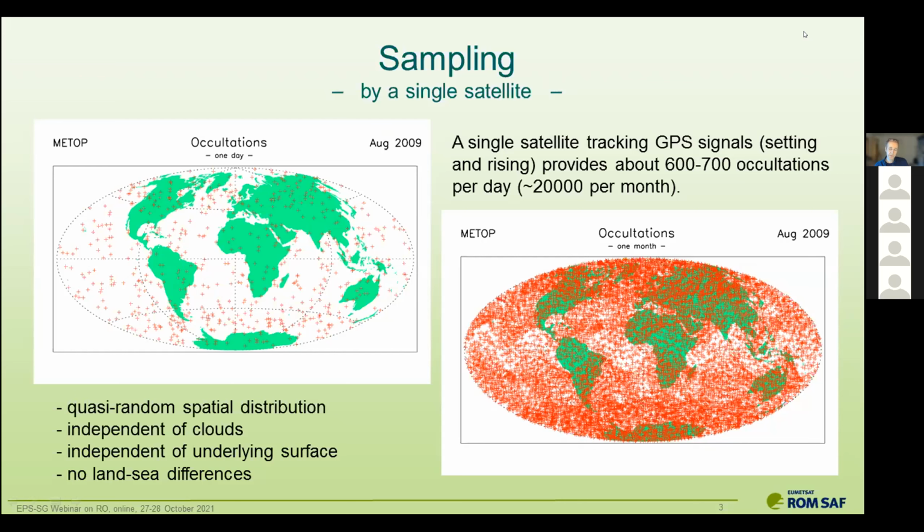They will observe Galileo signals, which adds another factor of 2, and there will also be some observations of the Beidou system, which adds another percentage. Ricardo mentioned 50% additional yesterday. But this means that METOP-SG A and B will perhaps be around 100,000 occultations per month, distributed across the Earth like this.